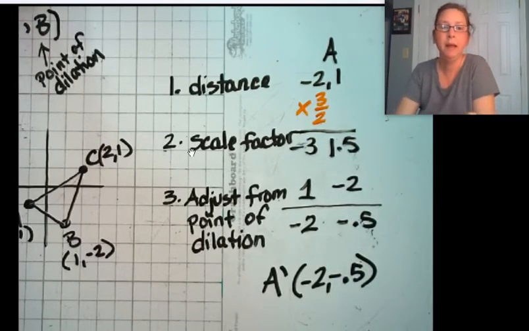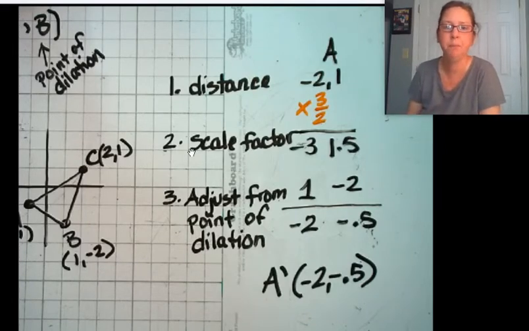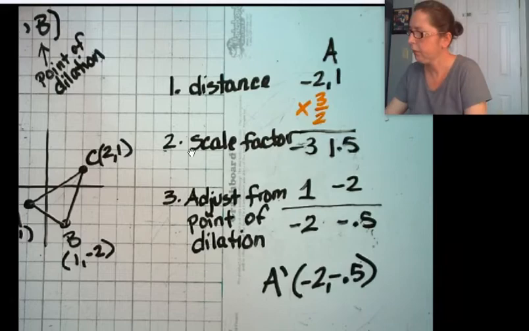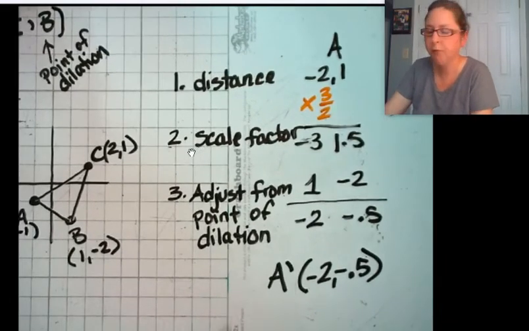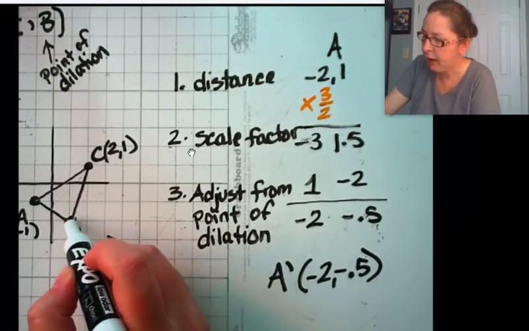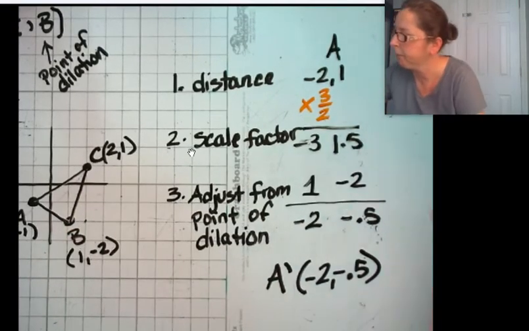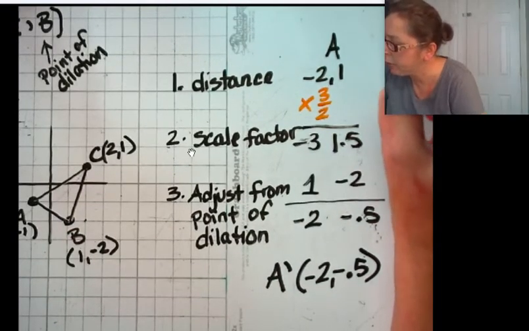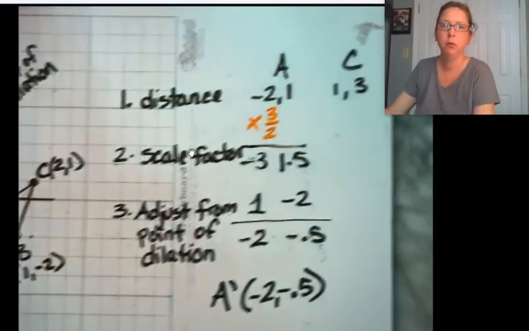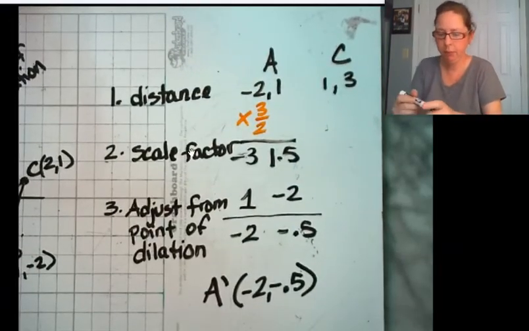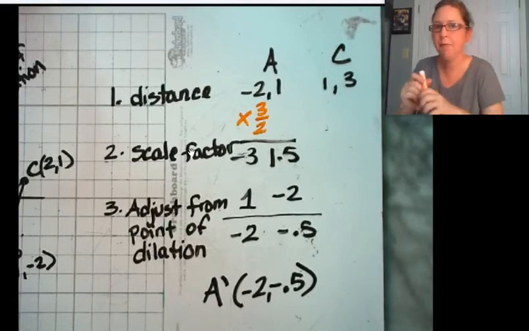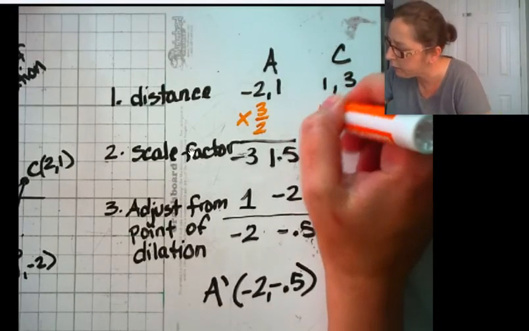Let's do that again for point C, and then we'll plot them all at the same time. Okay, so from B to C, I go right 1 and up 3. So 1, comma, 3. Now I'm going to multiply by my scale factor of 3 halves.